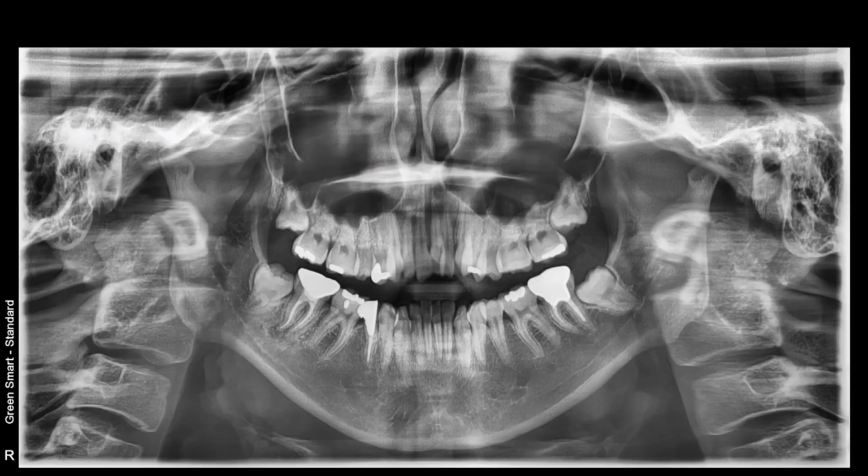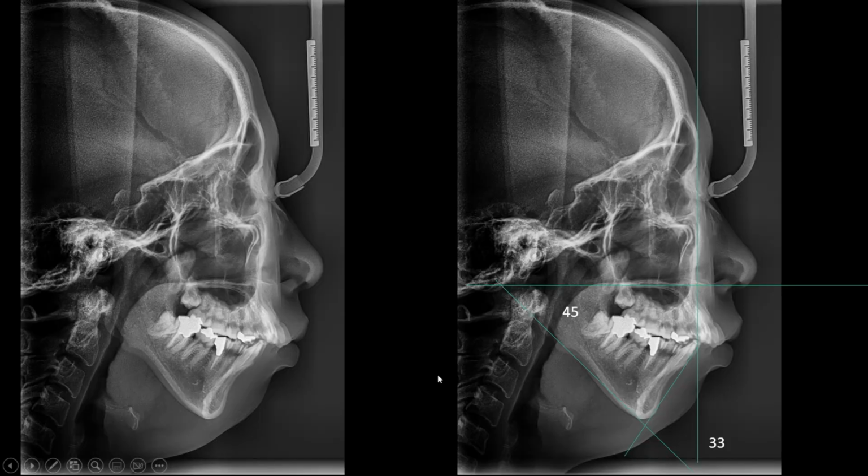Let's see the patient's panoramic view. So the TM joint is no good. And the third molar is here, okay? But let's look at the patient's cephalometrics.